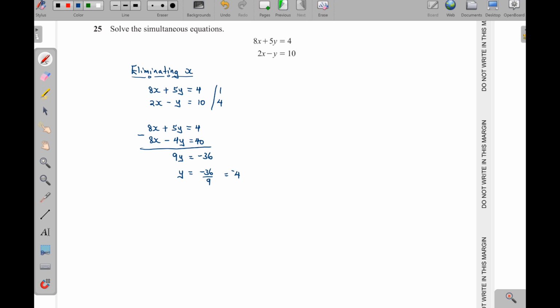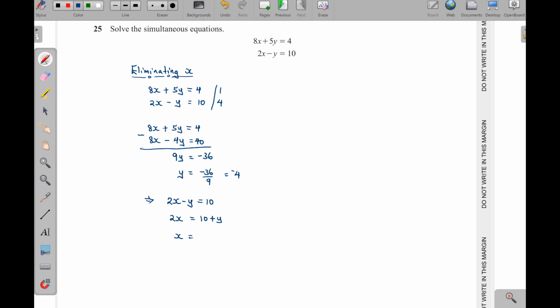Okay? A negative. Then I can now come to any of these two equations to solve for x. Okay? So let's say we are using the second equation, 2x minus y, which is equal to 10. We have 2x here, which is equal to 10 plus y, not so?